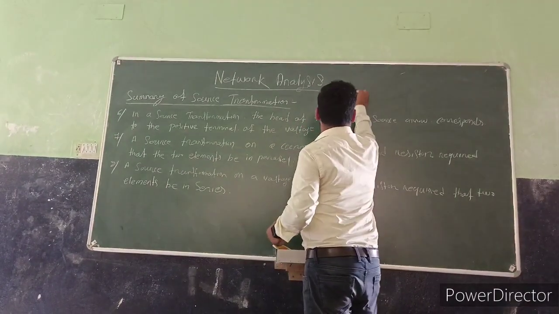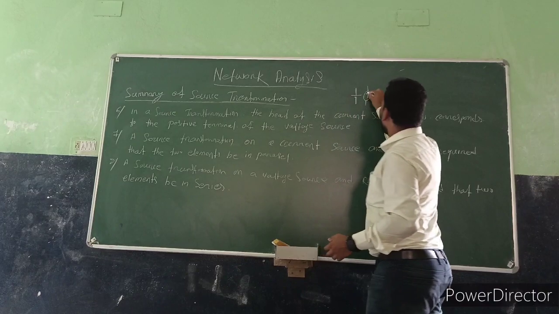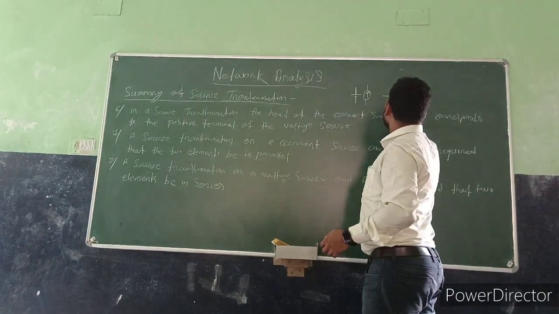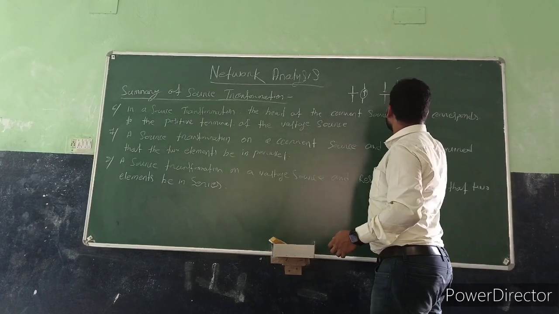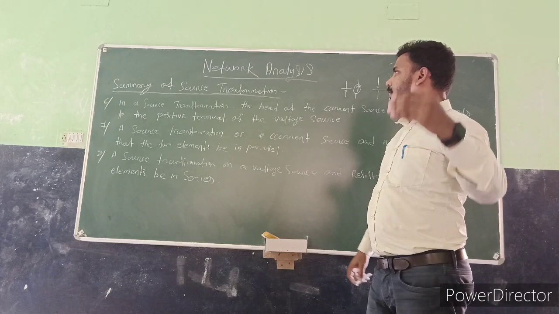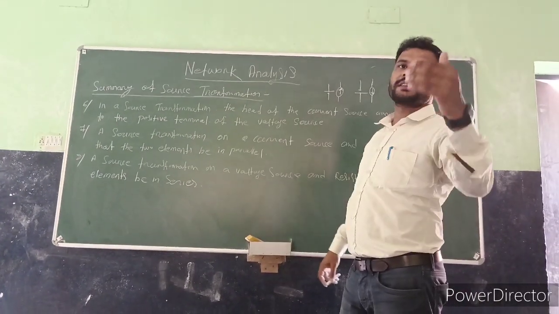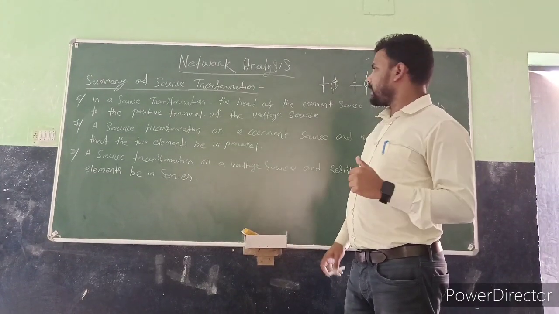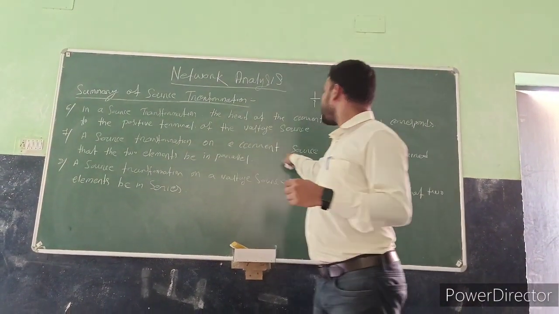If this is the voltage source, the current source arrowhead should be on the lower side. The current source arrowhead corresponds to the positive terminal of the voltage source, or the current source tail corresponds to the negative terminal of the voltage source.